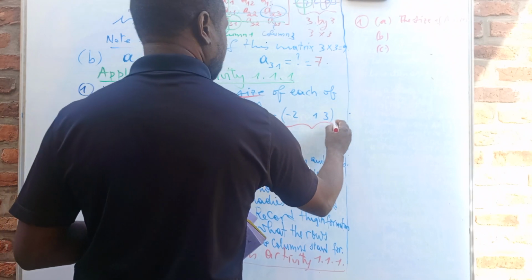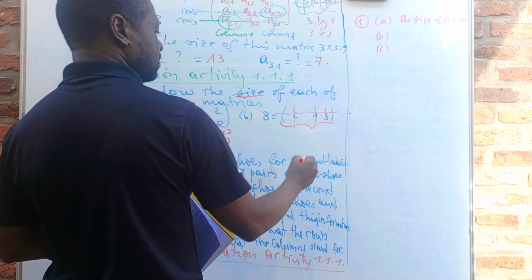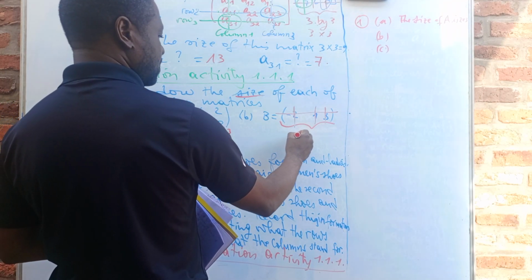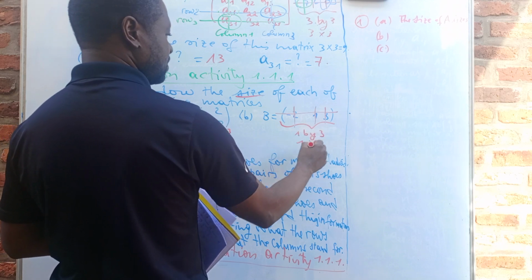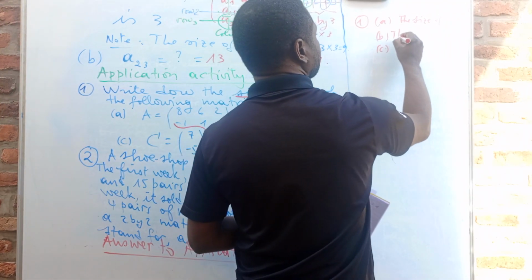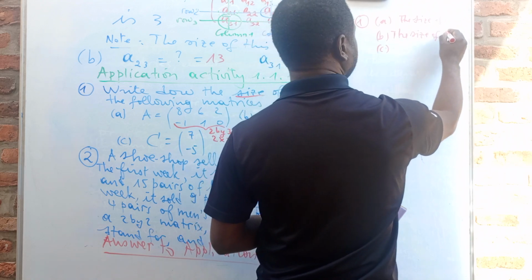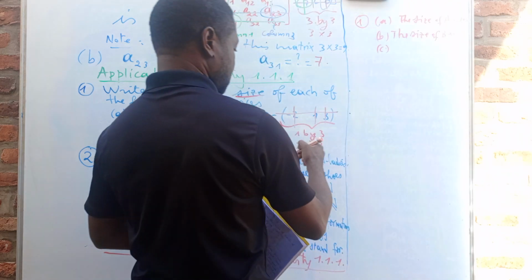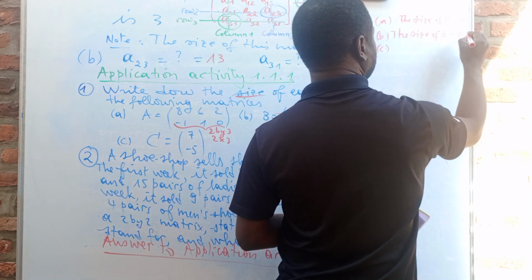Second matrix, we have 1 row, and 1, 2, 3 columns. So in this case, we have a 1 by 3, or just 1 times 3. So the size of B is 1 times 3, or 1 by 3.